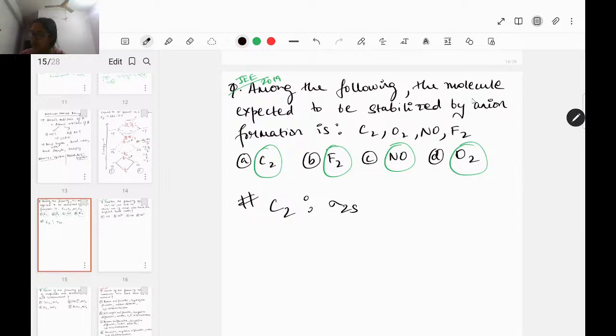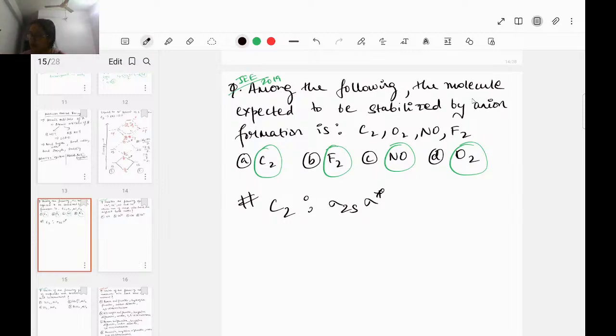We just write the main notation, sigma 2s and sigma star 2s. First you will have sigma 2s, then sigma star 2s, then for the C2 molecule, below a 14 electron system, you will have pi x and pi y, then you will have sigma.